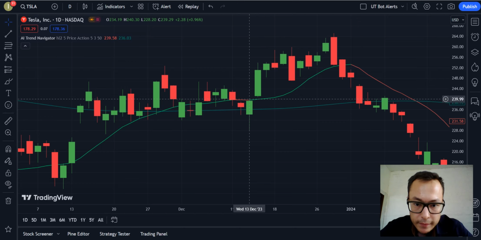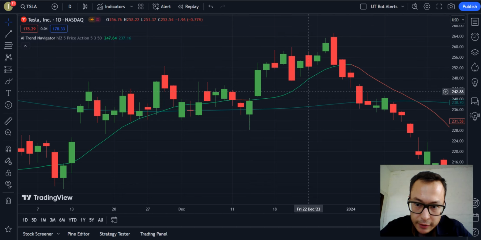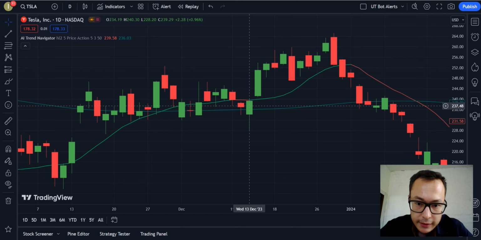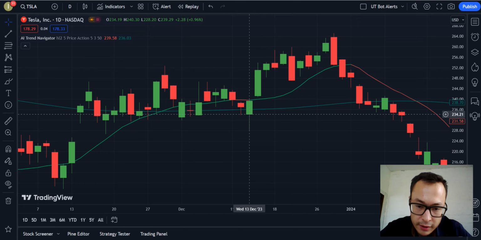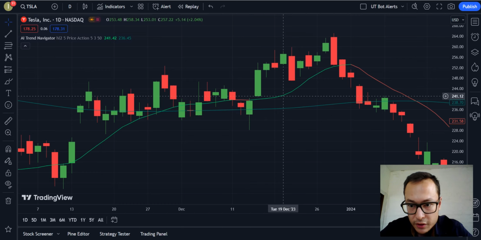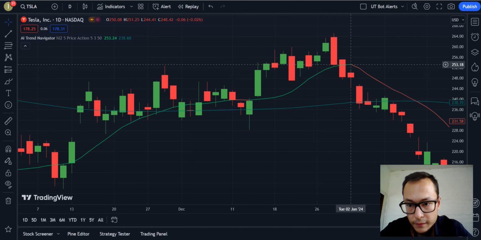the AI Trend Navigator starts to show the green line again, and the Tesla stock price on December 13, 2023, during the opening of the Nasdaq Stock Exchange at 9:30 a.m., was $234.21. And then we fast forward to January 2nd, 2024.